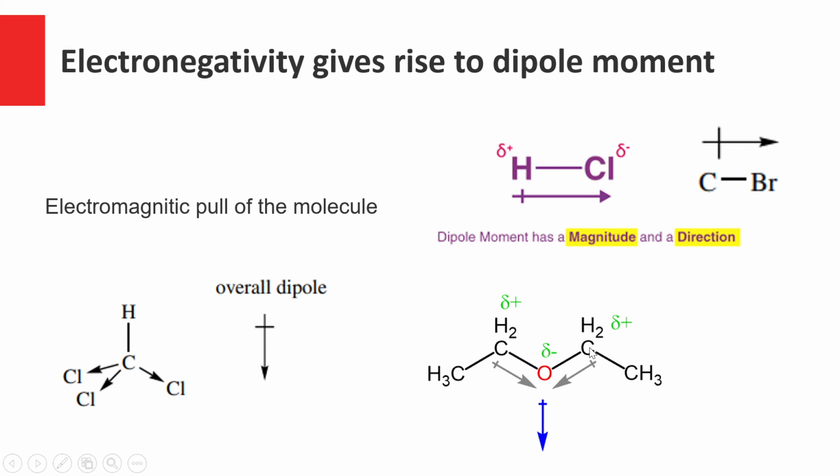Another example of this is the ester molecule, where there are many atoms that contribute to the overall dipole of the molecule. So here the overall dipole is centered towards the oxygen and down away from the middle carbons.